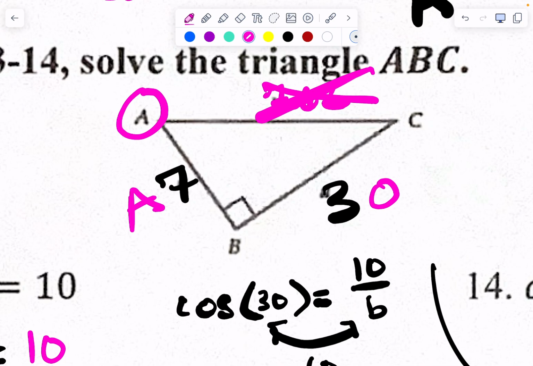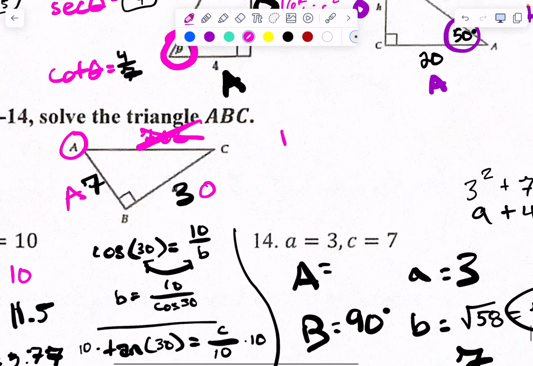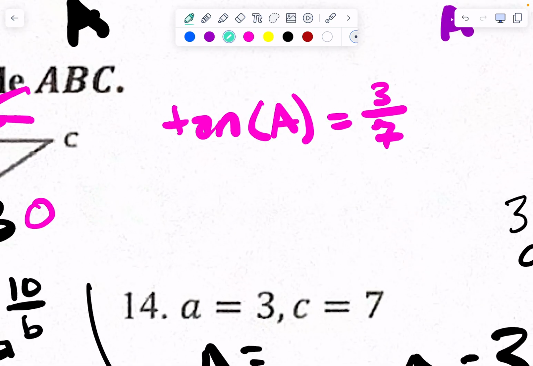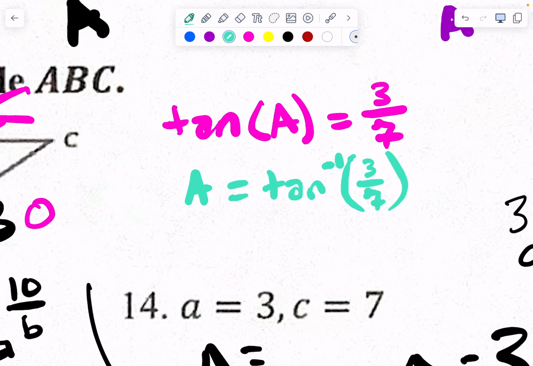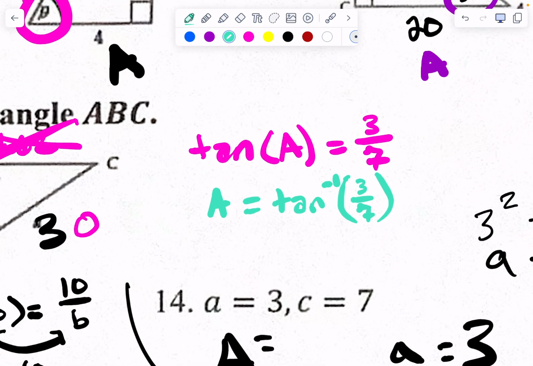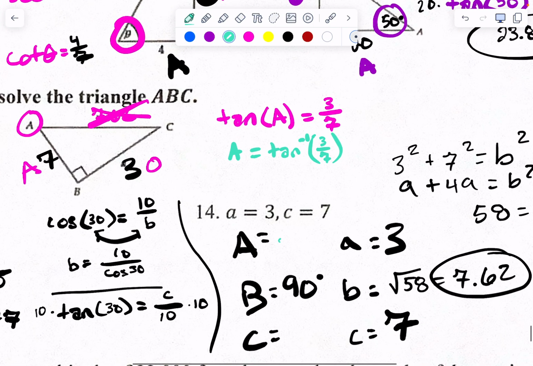So we have to use tangent. Tangent of angle A equals opposite over adjacent, 3 over 7. How do I get the A out of there? I have to do the inverse tangent. So A equals inverse tangent of 3 over 7. You type that in your calculator and you get for A like 23.2 degrees roughly.